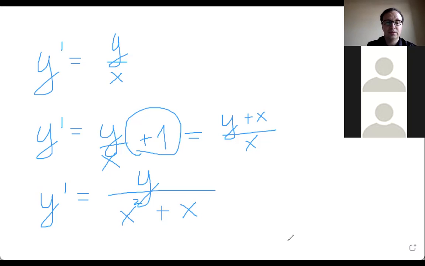Of course, there's also a fourth situation where the equation is neither homogeneous, nor linear, nor of homogeneous type. But I think these three examples should suffice. So do you have any question up to here? No. Okay, then let's move on.